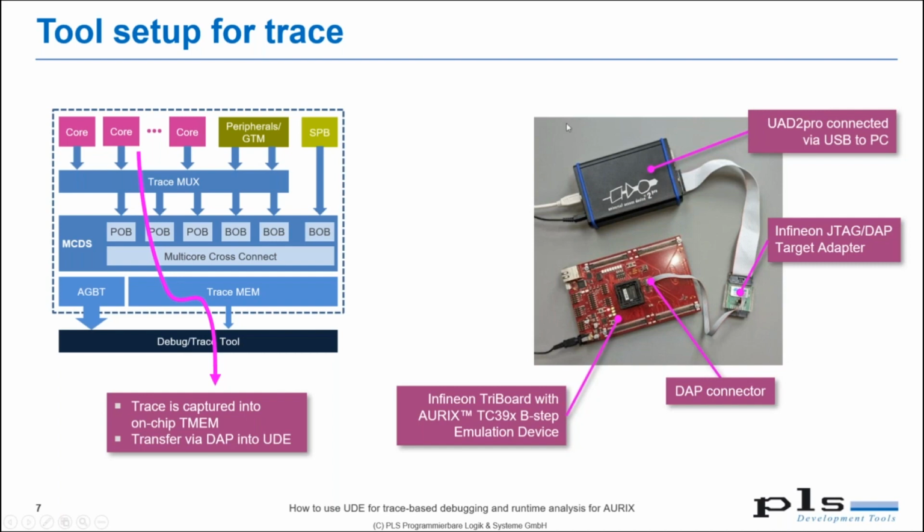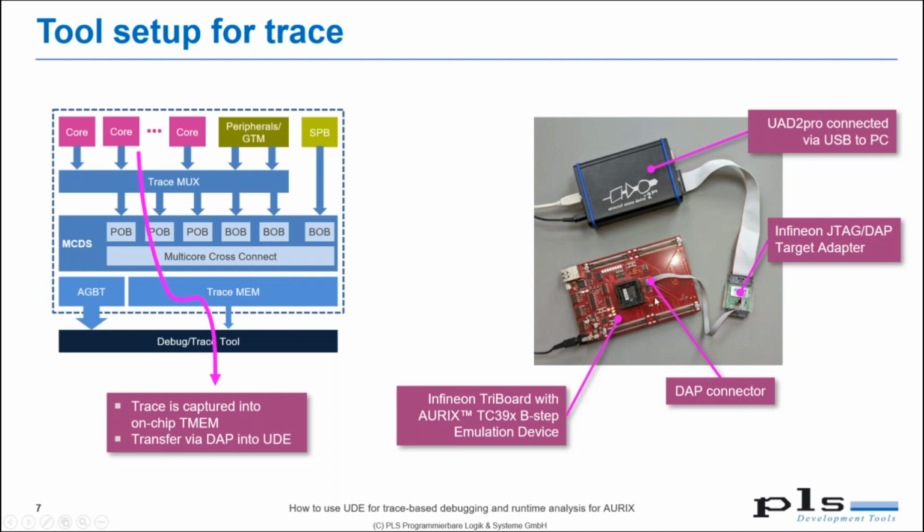So the UAD2 Pro is connected to my PC using a USB, and the target board, which is the TC39 emulation device mounted on a tri-board, is connected to the debug tool using this combined JTAG DAP adapter shown here, and this is connected to the DAP connector on the board.